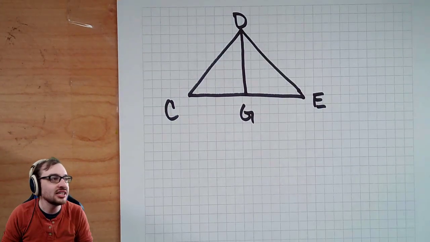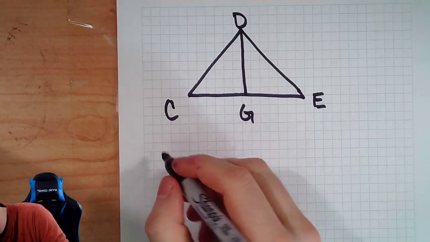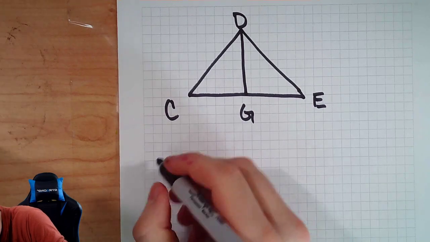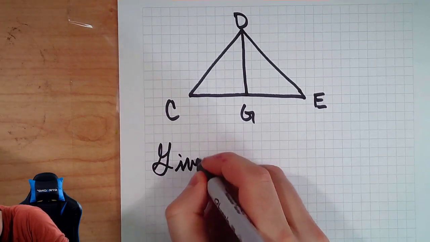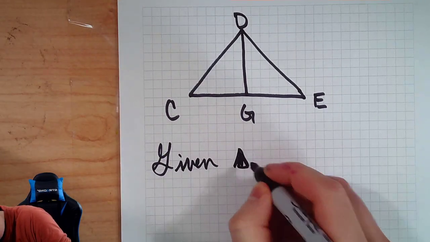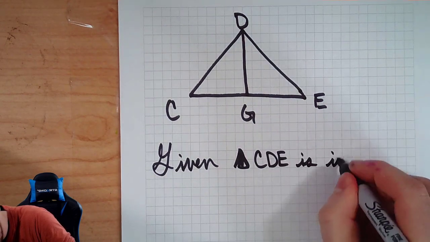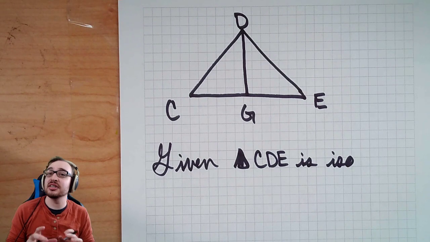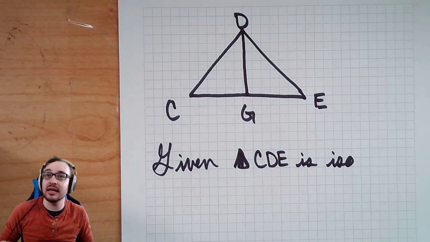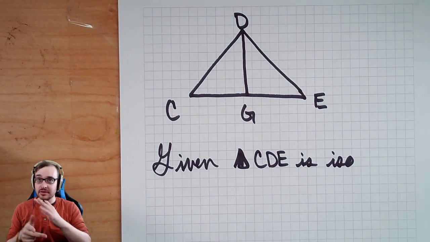Okay, so they gave us that triangle CDE is isosceles. So what I'm going to write is given: triangle CDE is isosceles. Iso means the same, right? Like isometric, right? Same length is isometric.